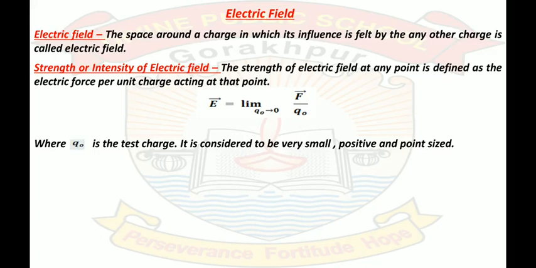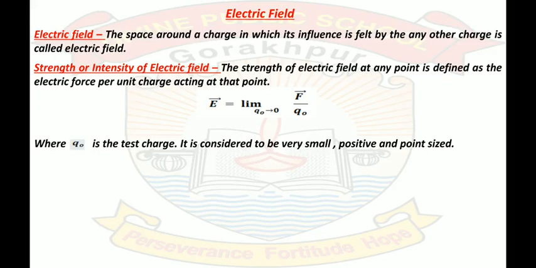Suppose we are calculating the electric field due to a source charge capital Q, and if Q naught has significant value in comparison to capital Q, then wherever it is placed, it will disturb the configuration of the source charge. It will exert some force on the source charge, and therefore there is a possibility that capital Q starts moving, and in that case the electric field will get changed.